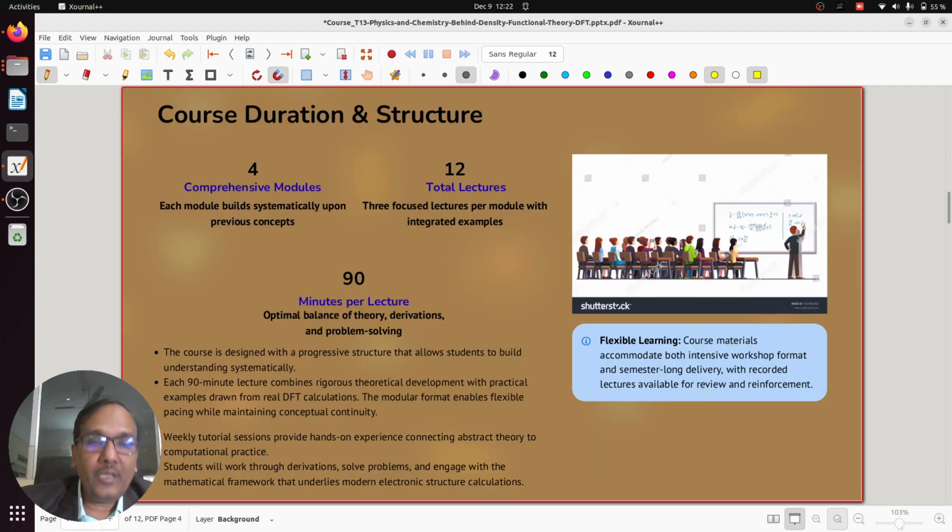The course has four comprehensive modules with 12 lectures and 12 hours of hands-on sessions in terms of reading and some calculations.